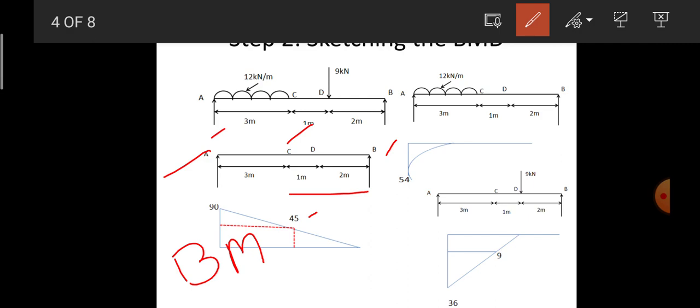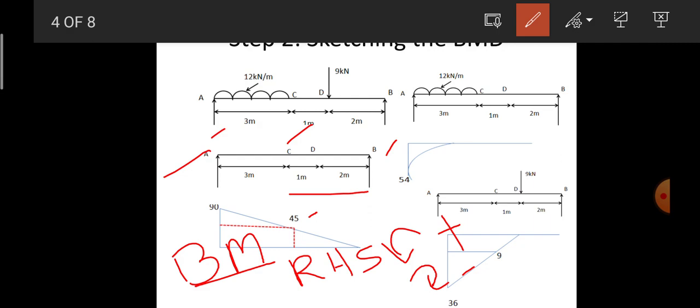Since it is acting in the anti-clockwise direction, before going to the actual bending moment calculation, let me come to the sign convention used during the calculation of the bending moment. If we are going from the right hand side, the bending moment, if it is in the anti-clockwise direction, is considered positive, and if it is in the clockwise direction, it is considered negative. On the left hand side, it is the reverse sign of the right hand side.